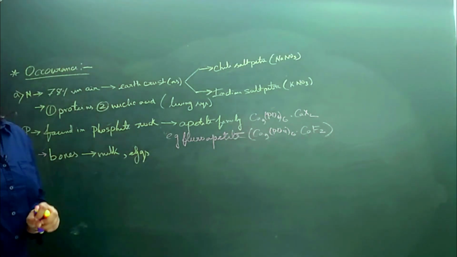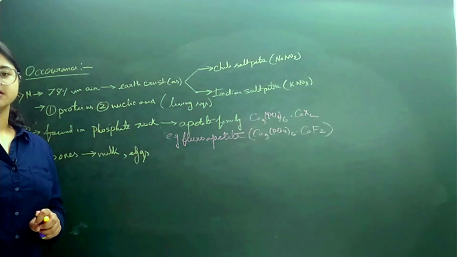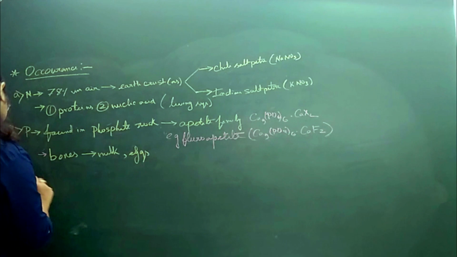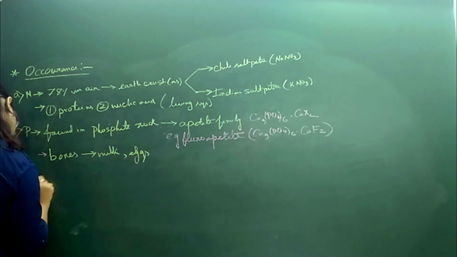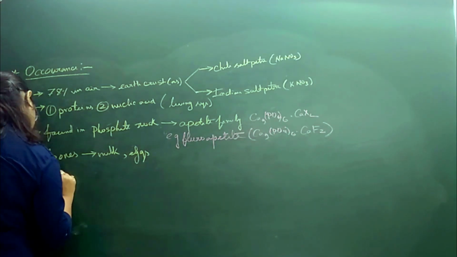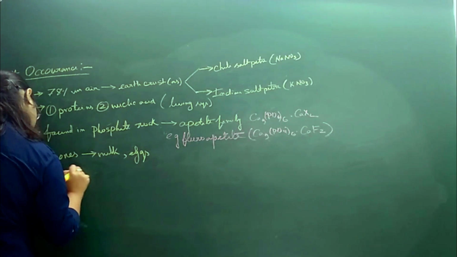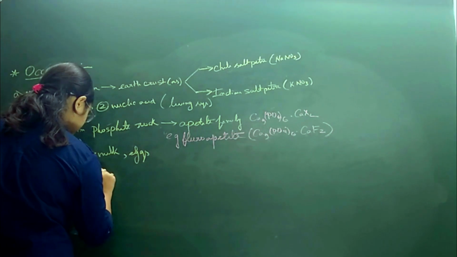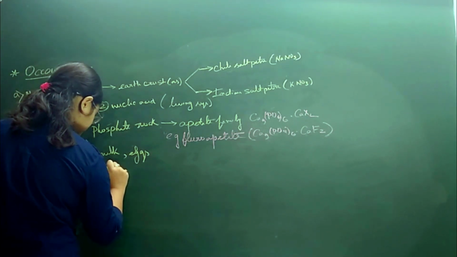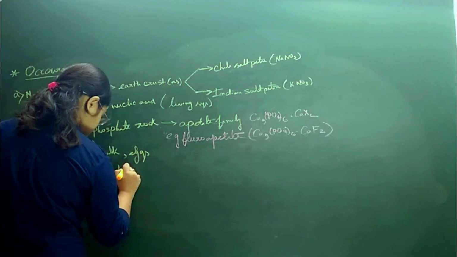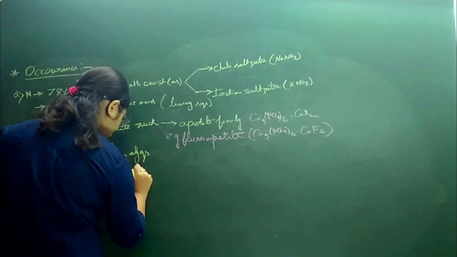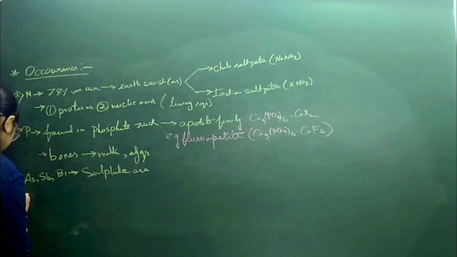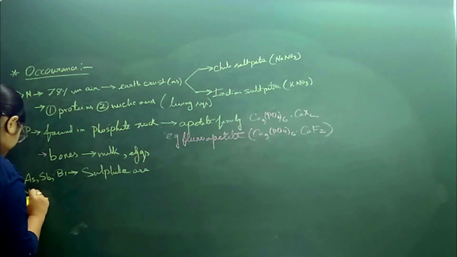Then the other three elements, arsenic, antimony and bismuth, are found as sulfide ores. And the last element is moscovium.